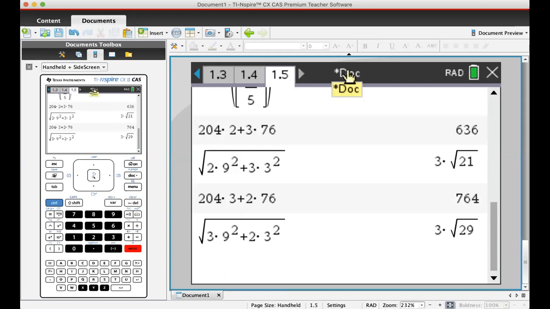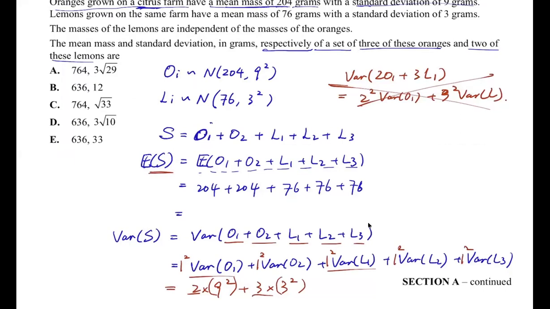Let me fix some of my mistakes. It's actually O1 plus O2 plus O3, L1 plus L2, so 204 times 3 plus 76 times 2 gives 764.